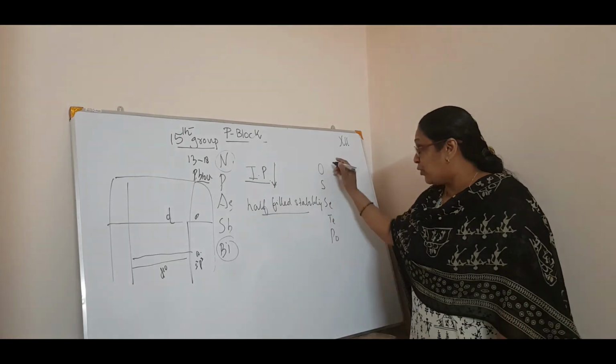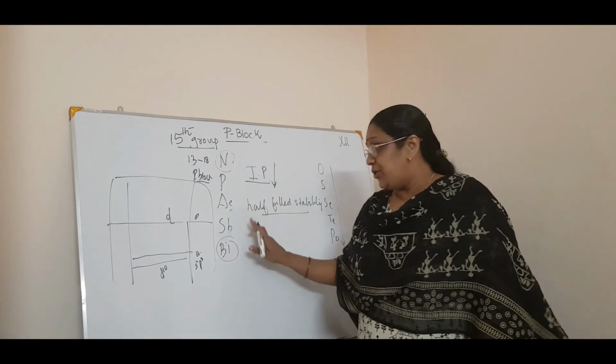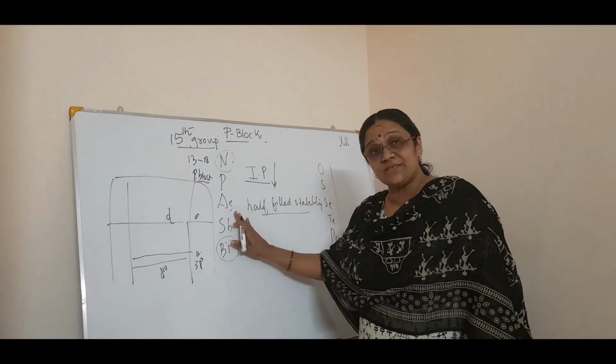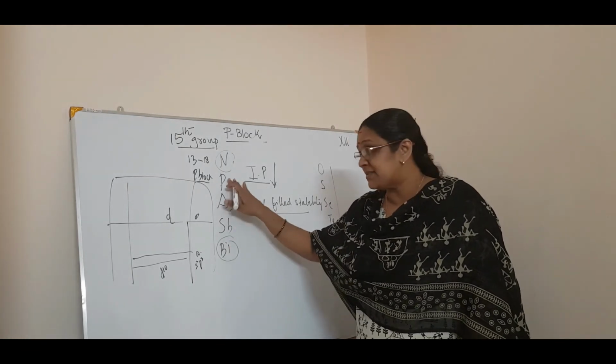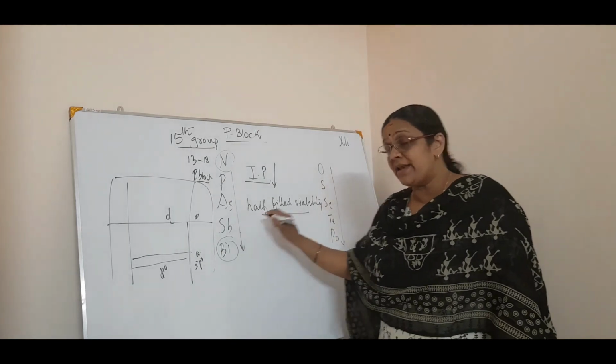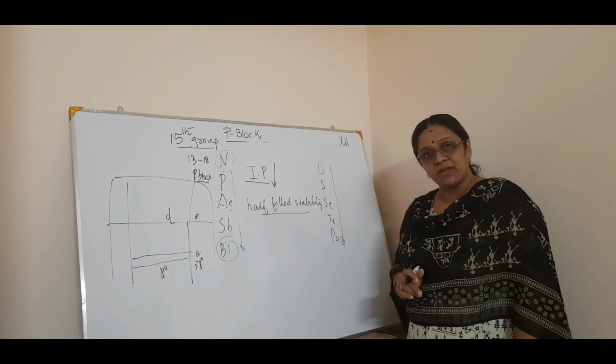Because as we know, from top to bottom the size increases even more. But due to the half-filled stability of this 15th group, the IP of this group is more than the IP you see in the 16th group.